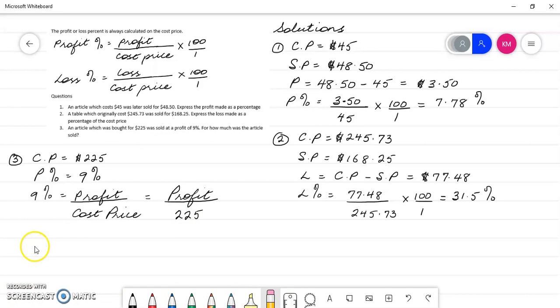So I will write that here. Profit is equal to 9% multiplied by 225. And in order to do that, remember 9% is 9 over 100, and you are multiplying that by 225 over 1.